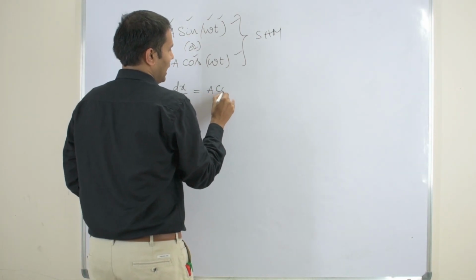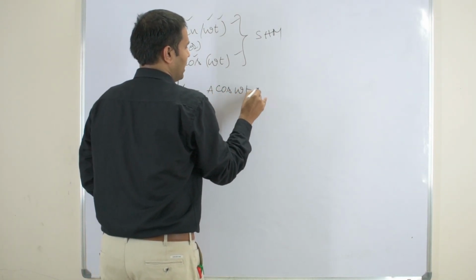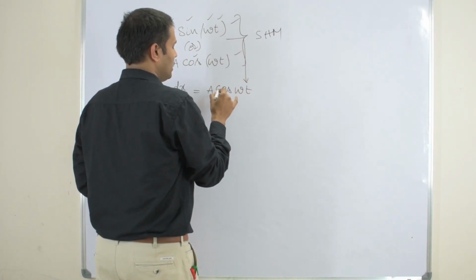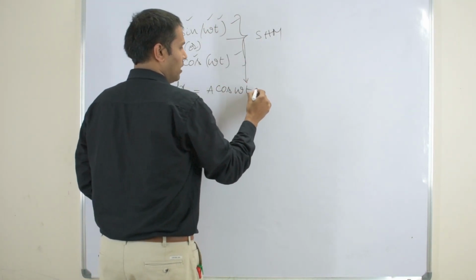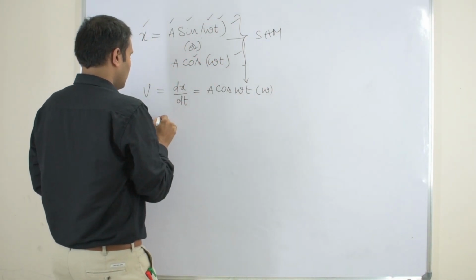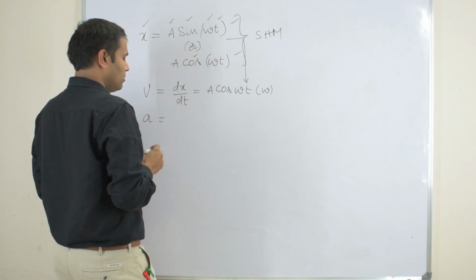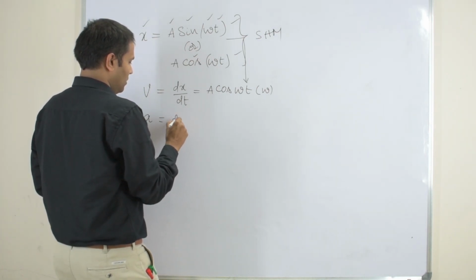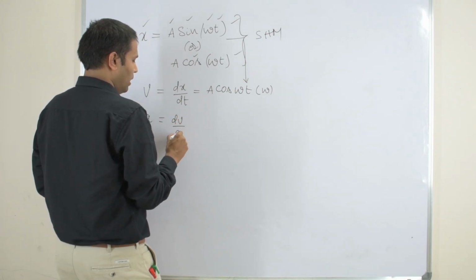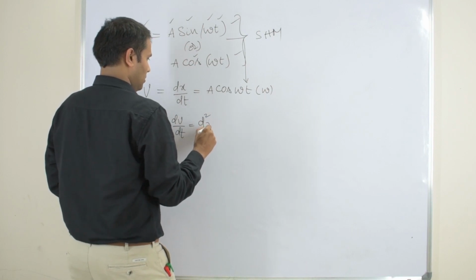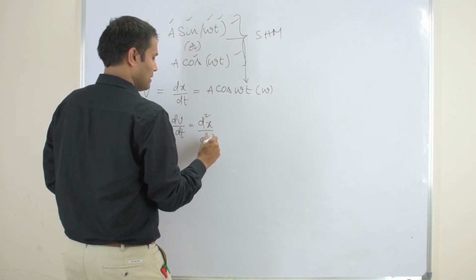I am using this equation, a sin omega t. Differentiation of that gives a cos omega t into omega. Now I want to get the acceleration: dv by dt, or d square x by dt square.